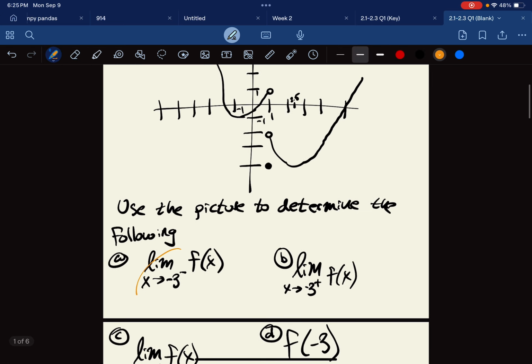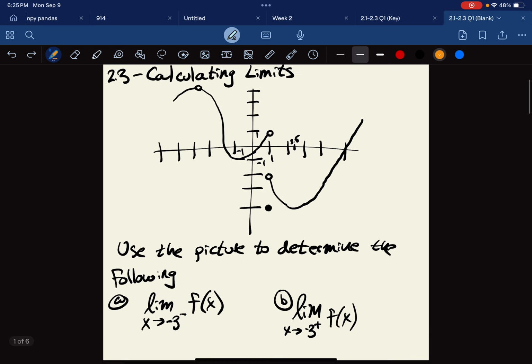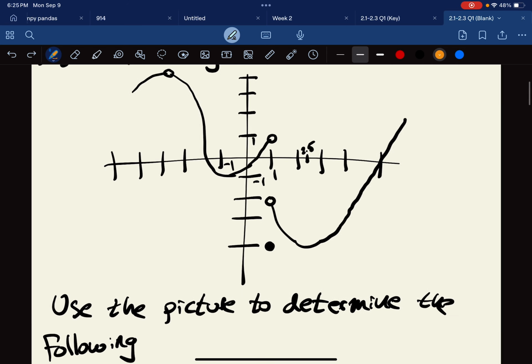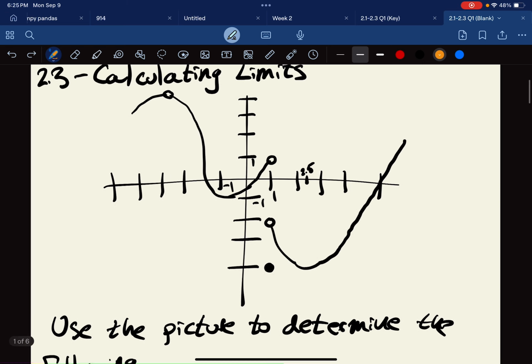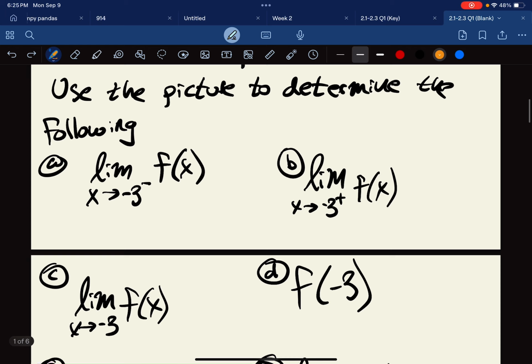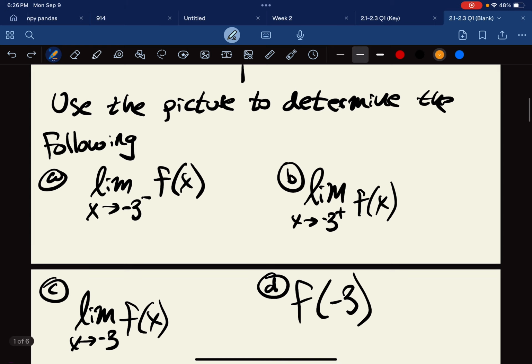So we're going to start with the limit as x approaches -3 from the left of f of x. So -1, -2, and -3. So even though it's not drawn super well, this is the point we're talking about. This is where our function is at -3. So left-hand limits are denoted by negative signs in the exponent, whereas limits from the right, or right-hand limits, are denoted by pluses in the exponent.